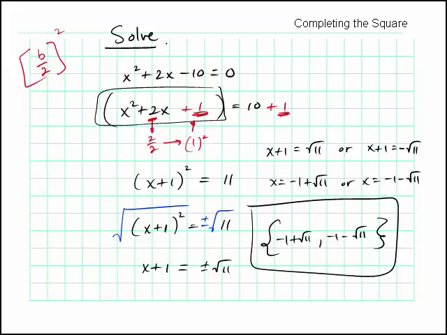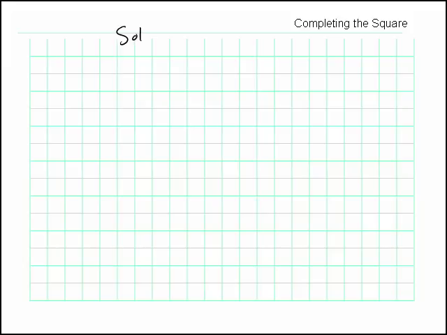Well, let's try one now with a fraction. X squared plus 5x minus 1 equals 0. Okay, to solve this quadratic, I'm going to complete the square. I first move the 1 to the other side.